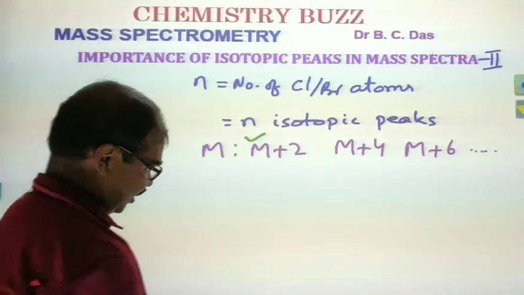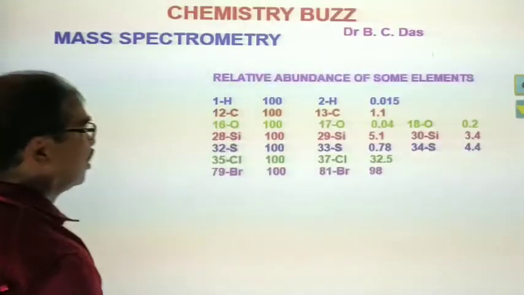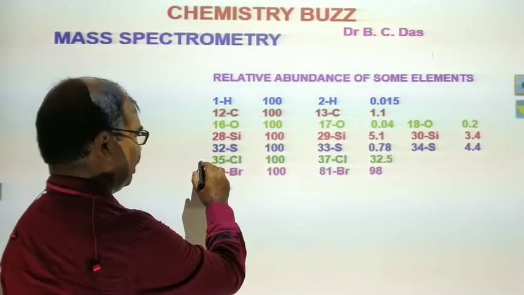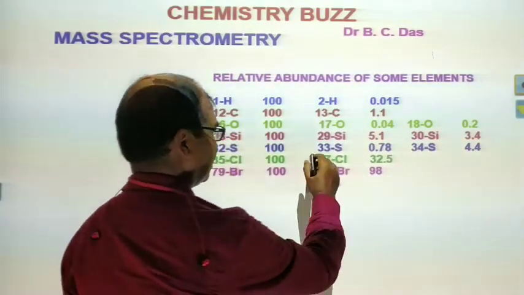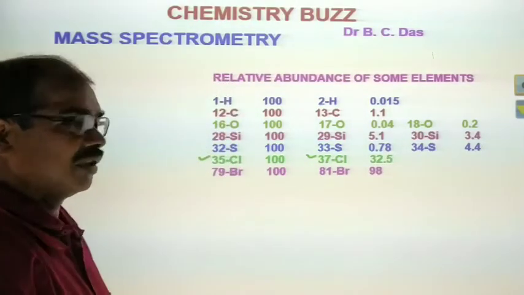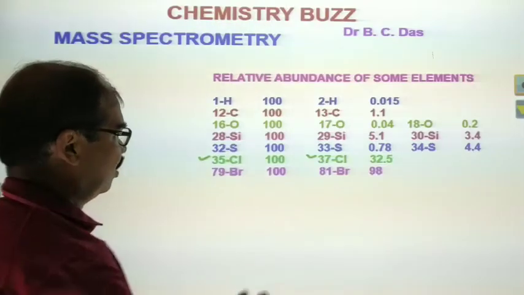As you know, the relative abundance of 35Cl and 37Cl is 100 to 32.5.